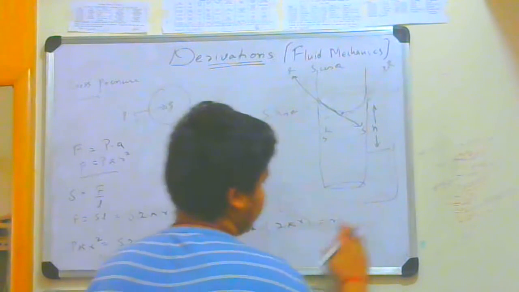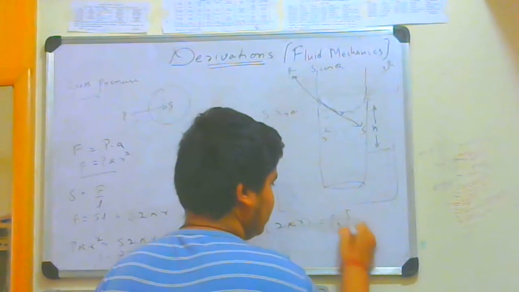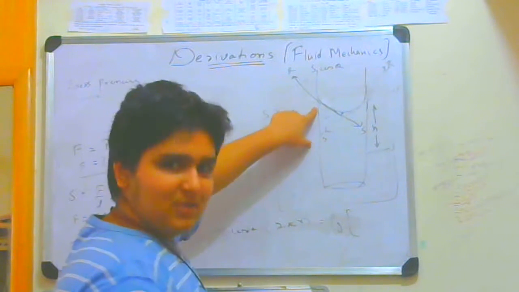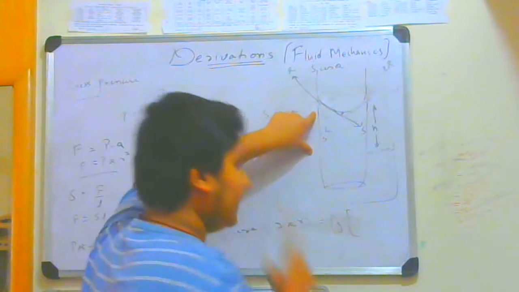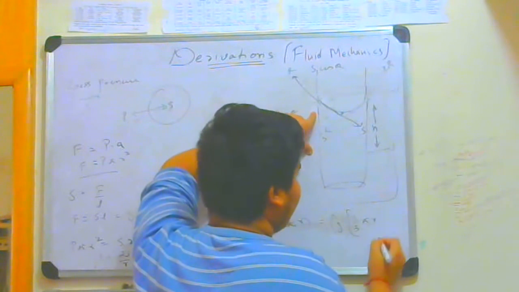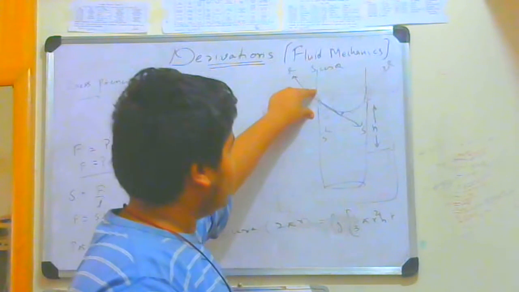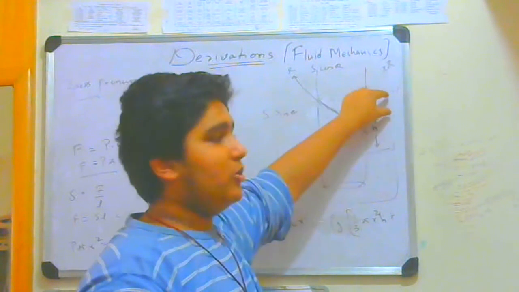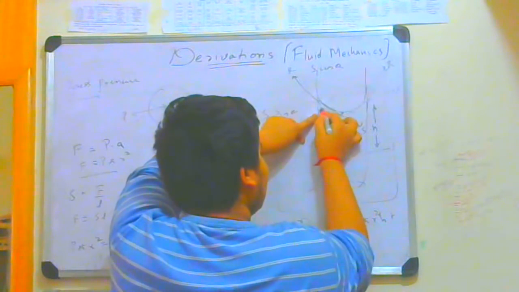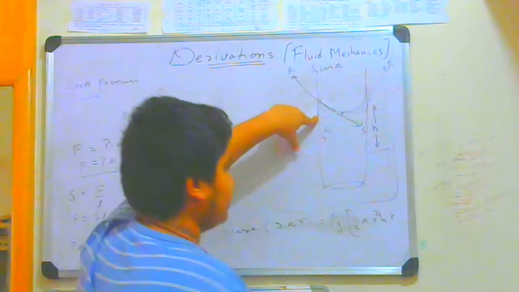mg को आप लिख सकते हो rho vg और volume को आप लिख सकते हो rho g into volume. क्या है? The net volume is given by the volume with this height h, that is cylinder. The volume of the cylinder with the height h क्या है वो volume? It is 1/3 pi r square h plus volume of the meniscus with this volume, that is volume of the cylinder with the height r, because यहाँ पे आपको ये particular volume भी चाहिए, the volume होगा. ठीक है? उसको आप कैसे लिख सकते हो?